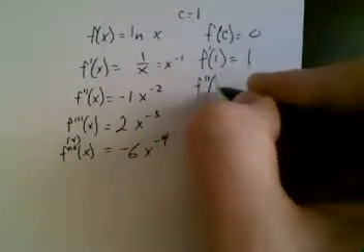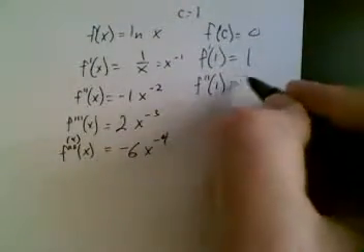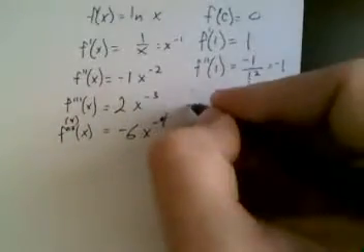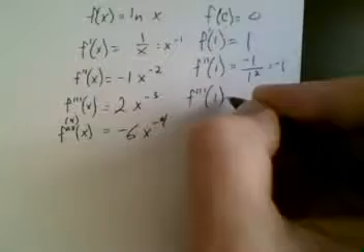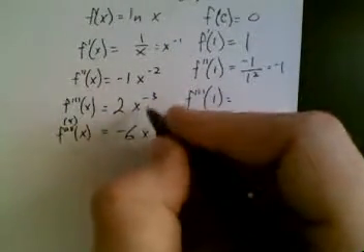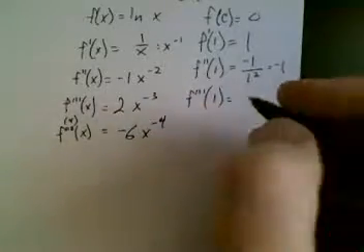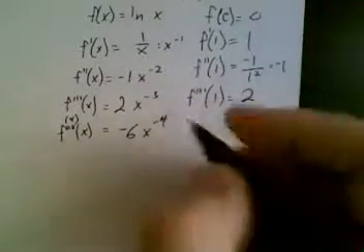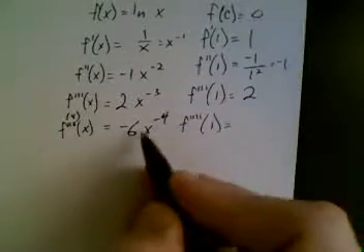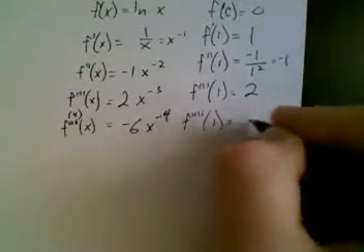The second derivative at 1 is negative 1 divided by 1 squared, which is negative 1. The third derivative at 1 is going to be 2 times 1 over 1 to the 3, so that's just going to be a value of 2. My fourth derivative at 1 is going to be plugging in a 1 here, which is just a 1 and a negative 6.